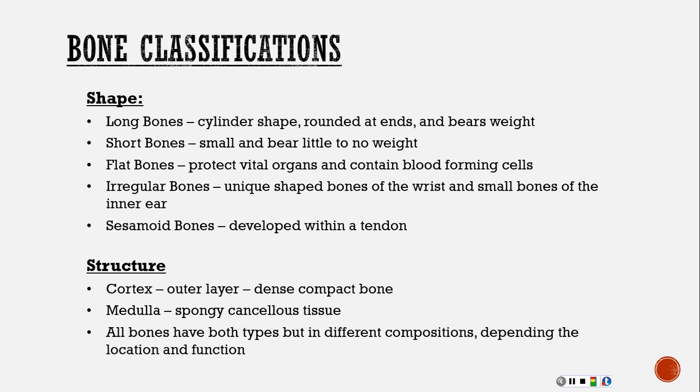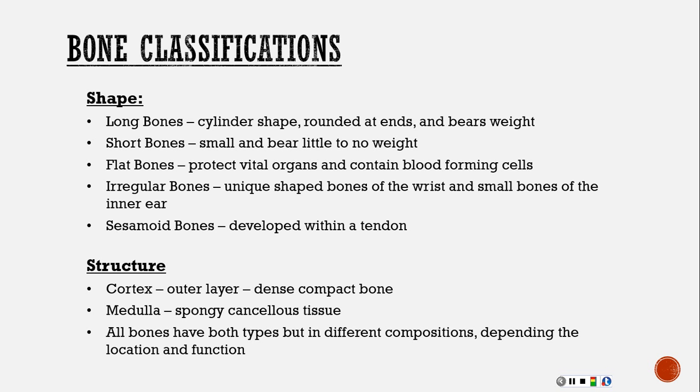All right, bones can also be classified by structure. This is talking about density and the area of the bone that it encompasses. You've got the cortex, which is the outer layer. This is dense, compact bone. The medulla is a spongy cancellous tissue.